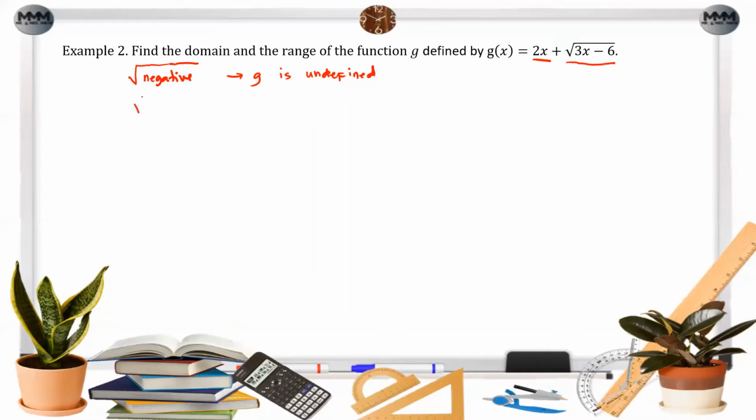And if we have the square root of a positive number, where 0 is included, it means that g is defined. Now, when we talk about domain, it is the set of values where the function is defined.